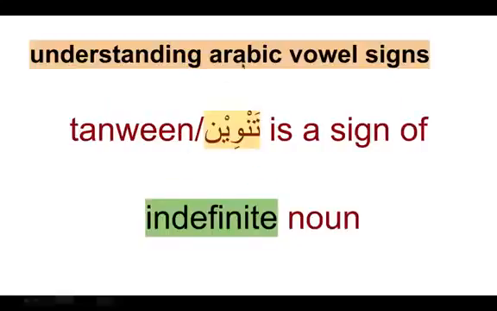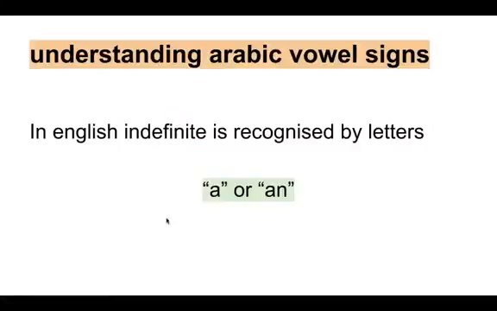Whenever you see a tanween on a noun, double fatha, double dhamma or double kasra, it is a sign of an indefinite noun. How do we recognize what is indefinite in English? We have a or an. We say a book, a pen or an apple. It's just indefinite. It could be any book, any pen or any apple.